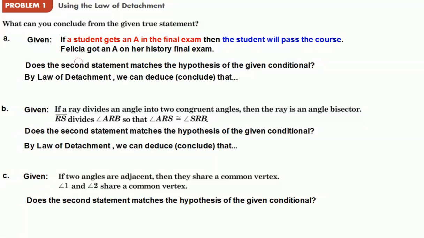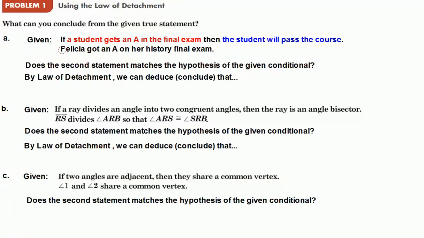So let's start with A. The given says, if a student gets an A on the final exam, then the student will pass the course. The second statement says, Felicia got an A on her final exam. So the question is, does the second statement match the hypothesis of the given conditional?